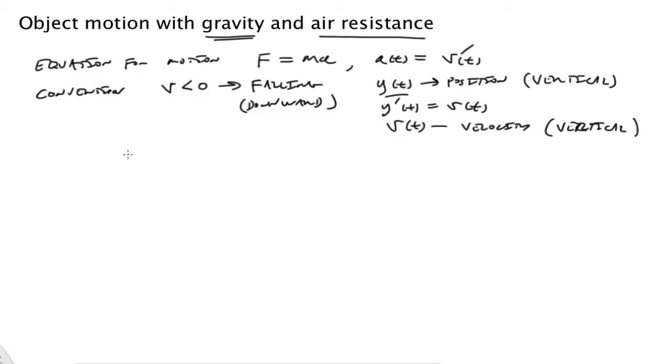Okay, so with those conventions put into place, let's talk about the case where there is no air resistance. So case 1 is the standard case we're very familiar with, and that is where there's no air resistance.